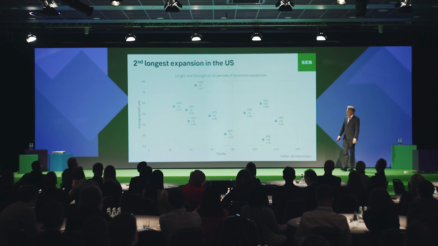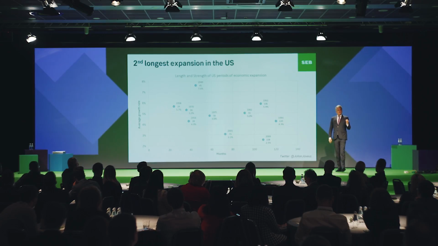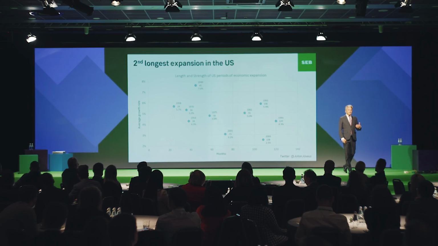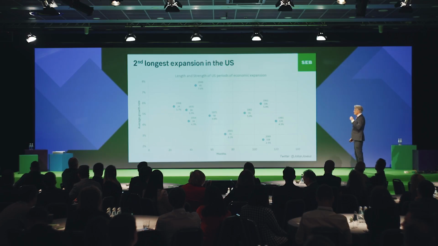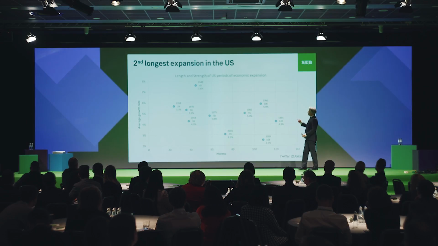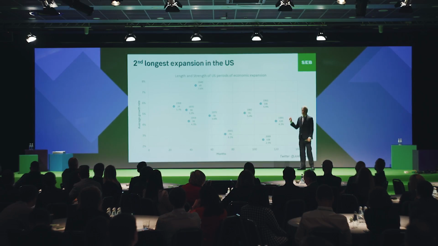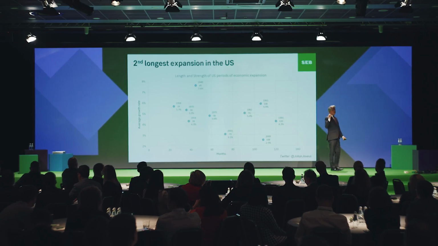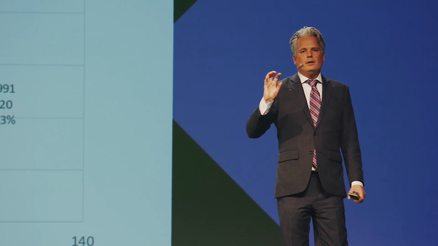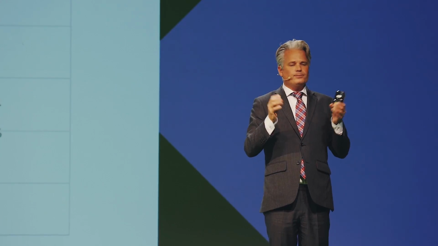So, the fact that things seem to go so well and have been going so well for such a long time is starting to make people concerned. This chart shows you each of these dots represents a period when you had economic expansion in the US, i.e. positive growth.